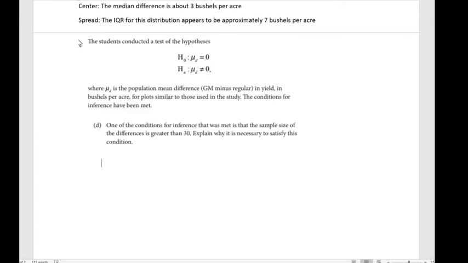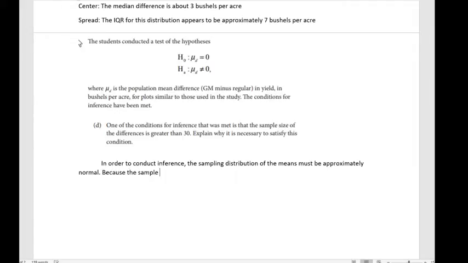So this gets back to us needing it to be approximately normal. So here I'm going to say, in order to conduct inference, the sampling distribution of the means must be approximately normal.